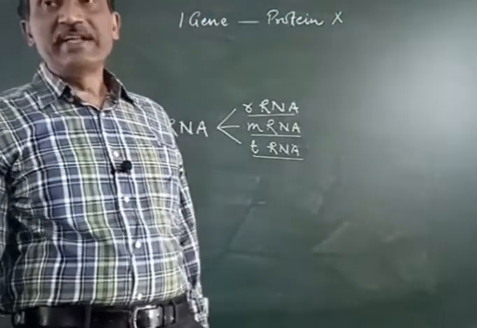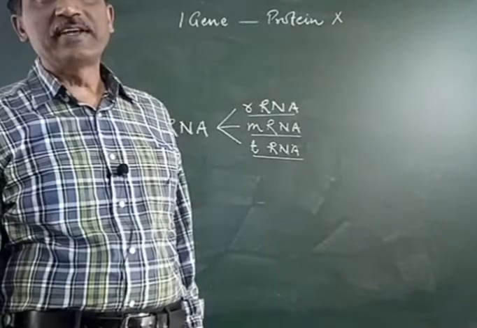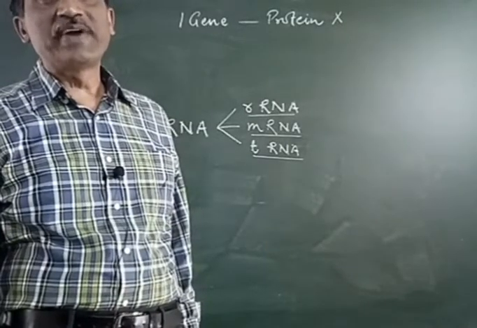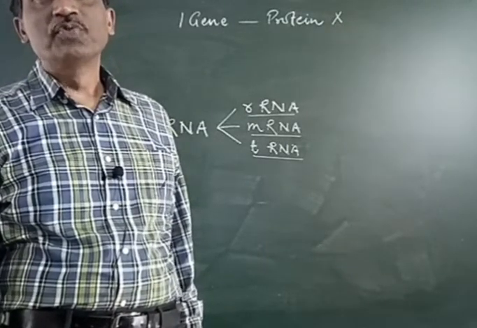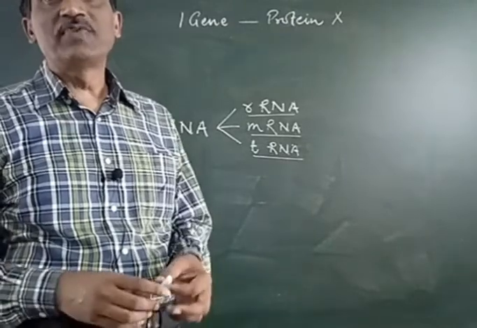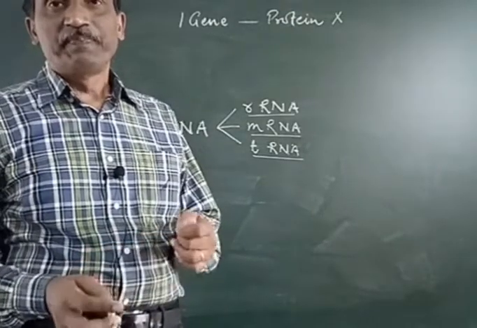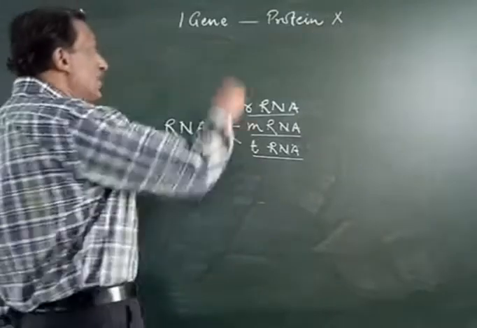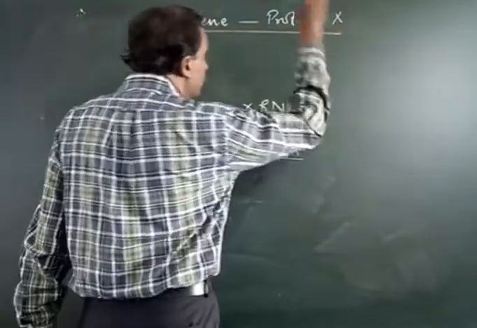This hypothesis failed. As in the Mendelian experiment we studied, one character is controlled by one pair of factors. But it was not always true. We found that one pair of factors is not always controlling one character. So the one gene, one protein hypothesis failed.